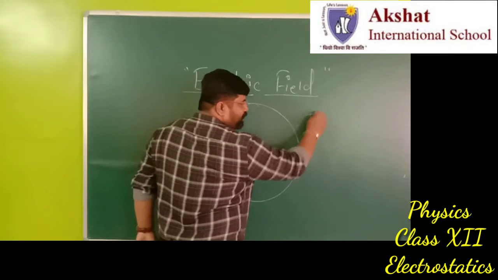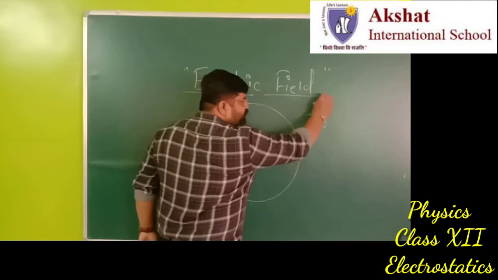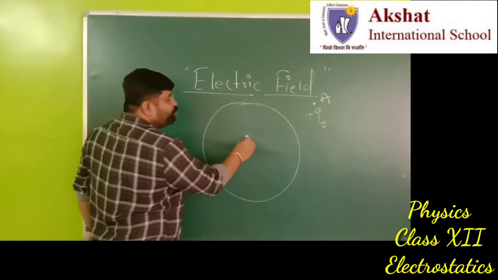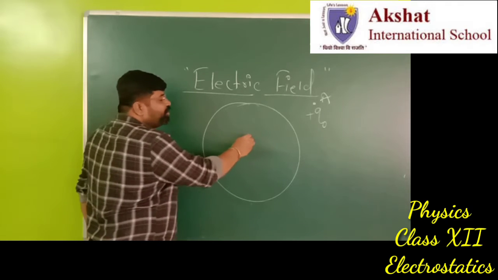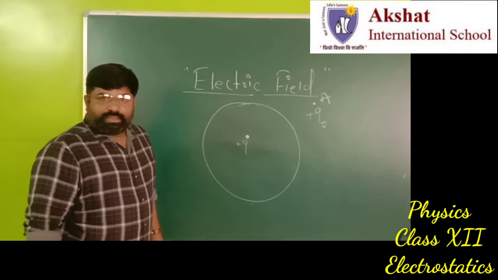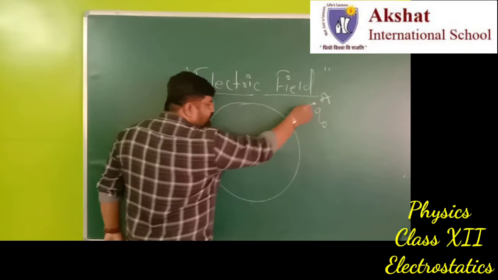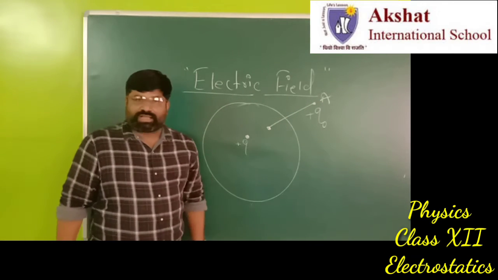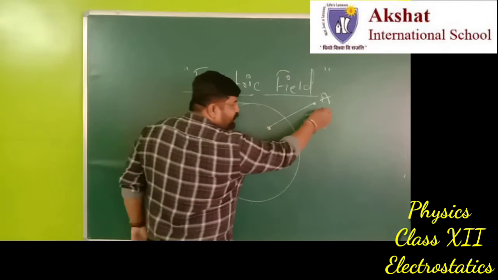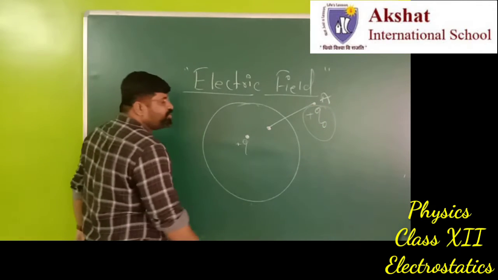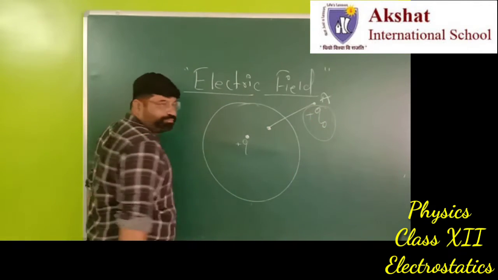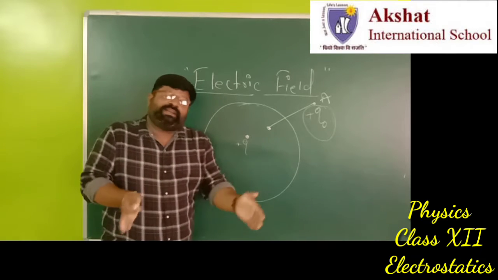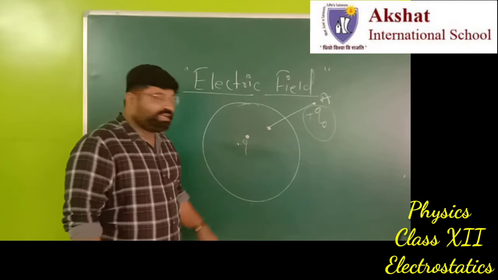Suppose I have a unit positive test charge at point A and I want to measure the electric field strength of this charge, so I take this charge in the field, or take it near to the charge. Now the magnitude of force experienced by this charge is called the electric field strength of this charge.